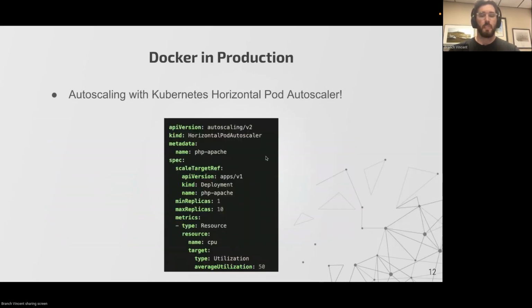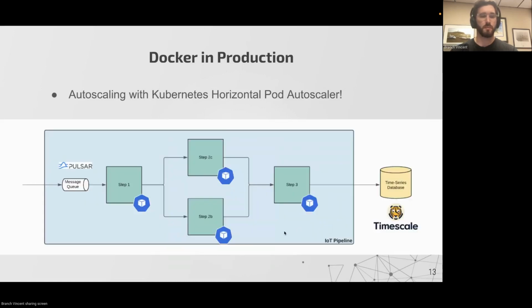So this was close to what we wanted, but we didn't want to scale on CPU or memory. We really wanted to scale based on how many data points were waiting in the backlog of each step in our pipeline. So going back to this pipeline, what it looked like in reality, everything in this blue box was installed with Helm as our package manager.